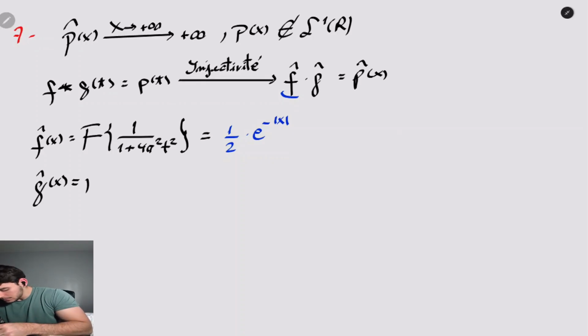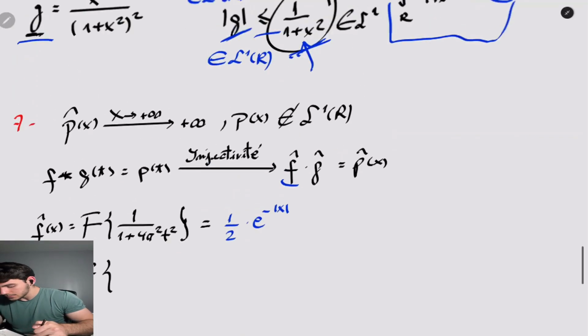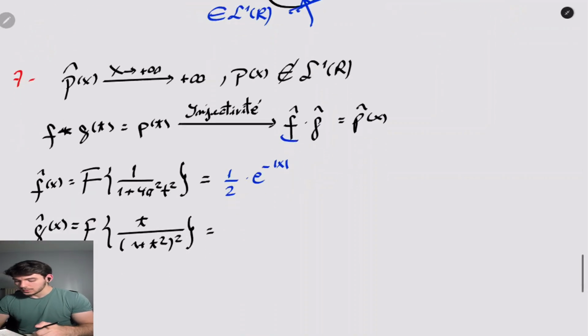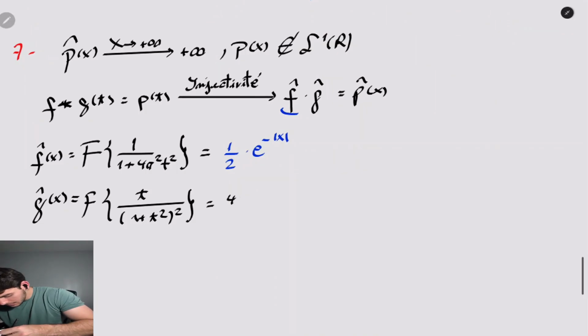That's a little bit more complicated. So once again, our g is t divided by 1 plus t squared squared. Well, let me do this, and afterwards I will explain.